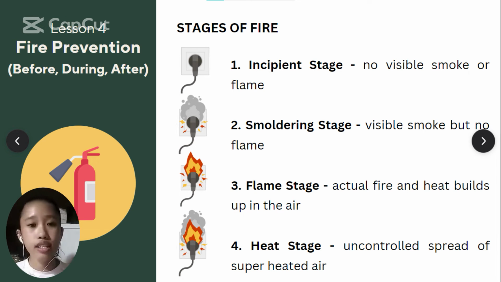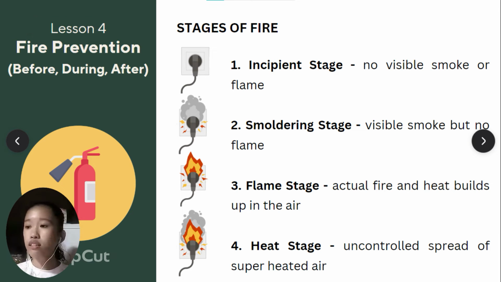So these are the stages of fire. First, the incipient stage. This is the beginning stage, and as you can see, there are no reactions happening yet, no visible smoke or flame. Then the second stage, the smoldering stage, the smoke is already visible, and it is the start of the ignition of the fire.